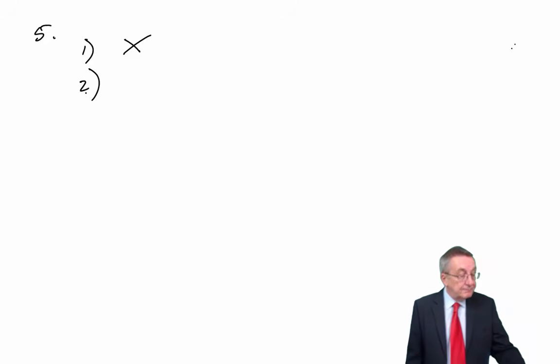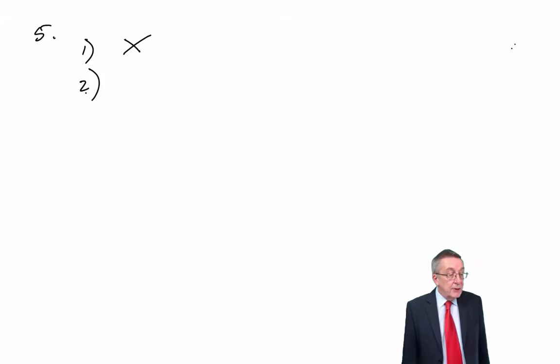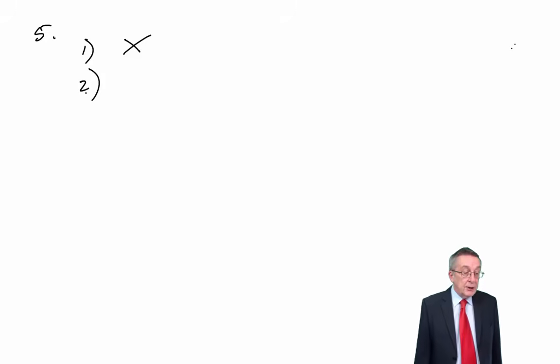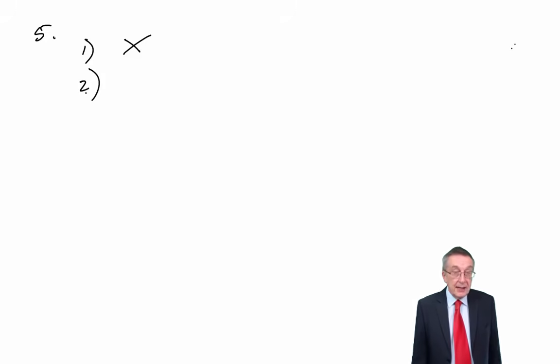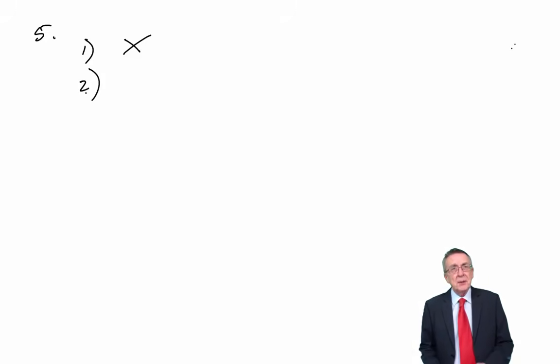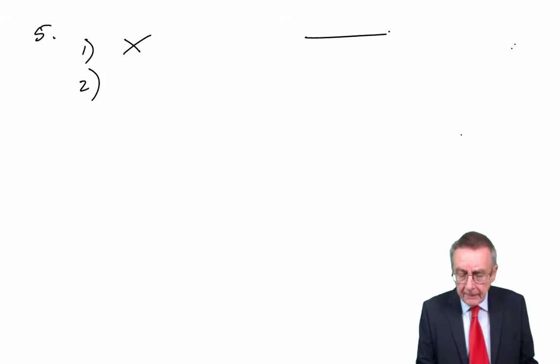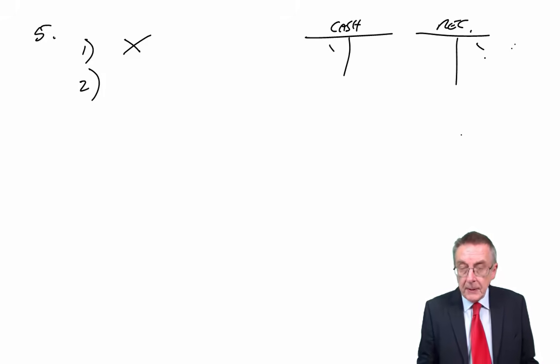Number 2. A cheque received from a customer was credited to cash and correctly entered in receivables. What should we do when we receive a cheque? You should debit cash because you've received money and credit receivables.